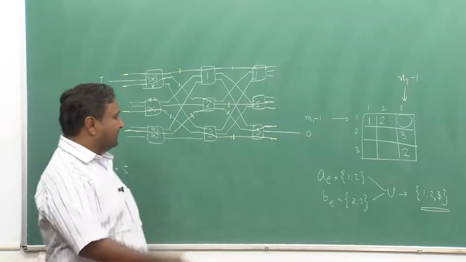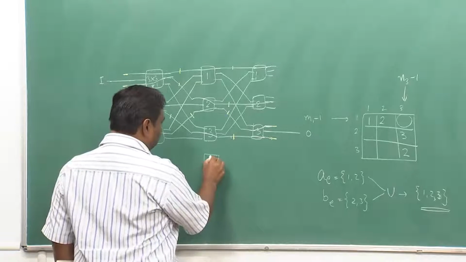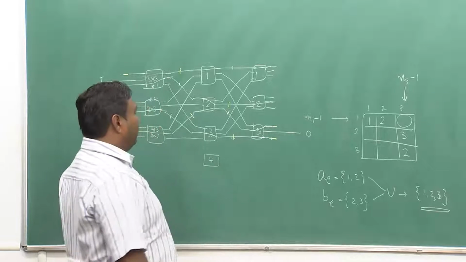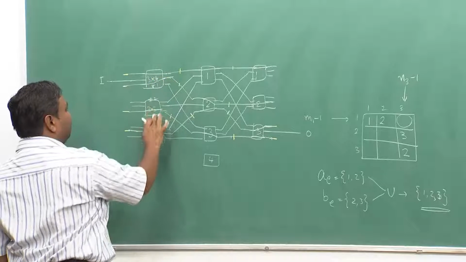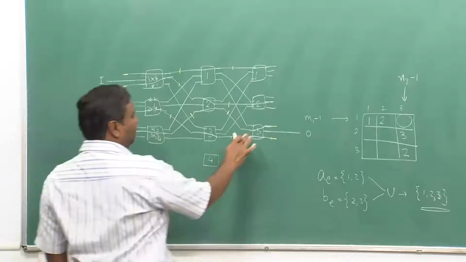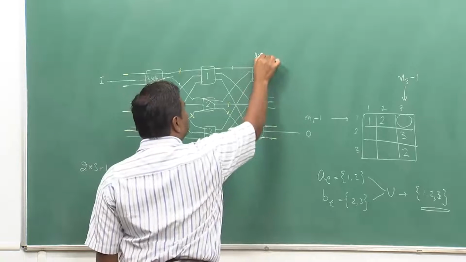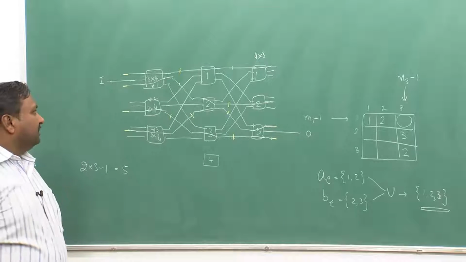Now if I increase the number by 1 in this example, I can make it 4. Now interestingly the switch is no more going to be 3 by 3, it will be 3 by 4, 3 by 4, 3 by 4, these will become all 4 by 3 switches. Okay.